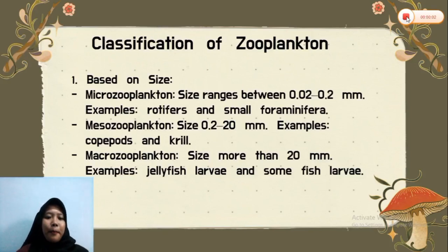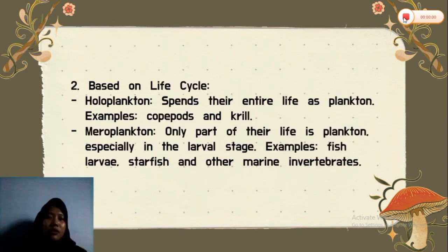Next, mesozooplankton size 0 to 20 millimeters. Example, copepods and krill. And macrozooplankton size more than 20 millimeters. Example, jellyfish larvae and stonefish larvae.